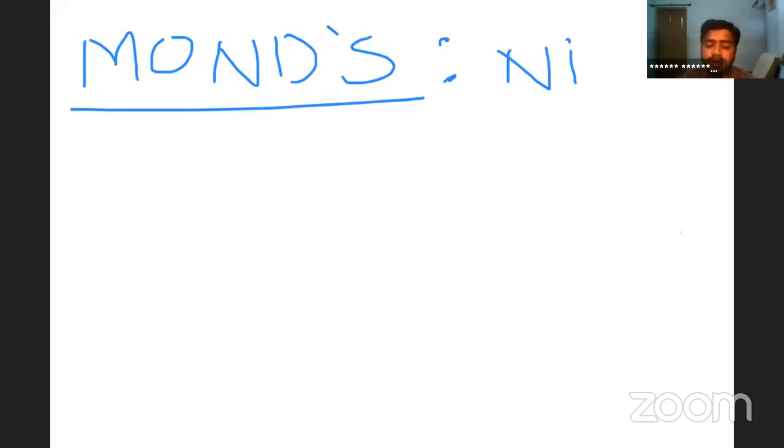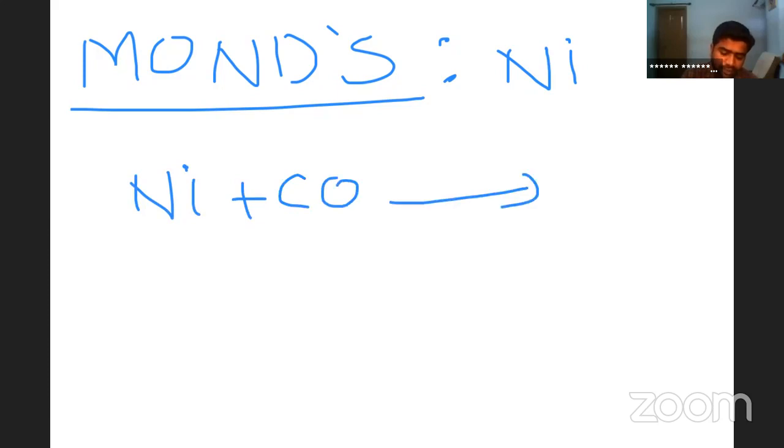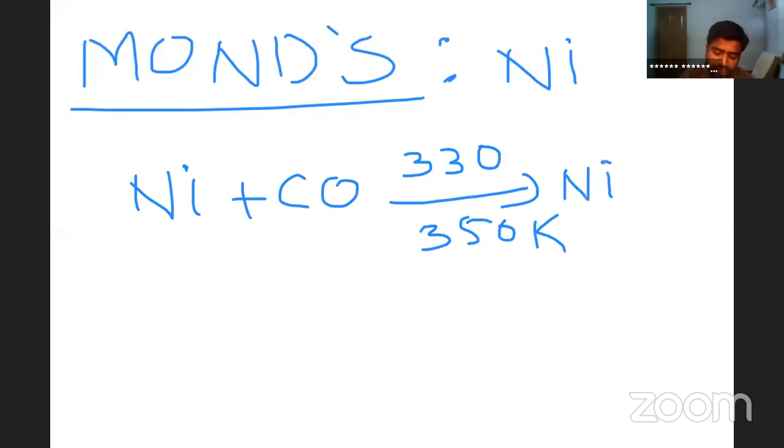When impure nickel metal is heated in a current of carbon monoxide, at around 330 to 350 Kelvin, it forms a volatile compound called nickel tetracarbonyl complex.